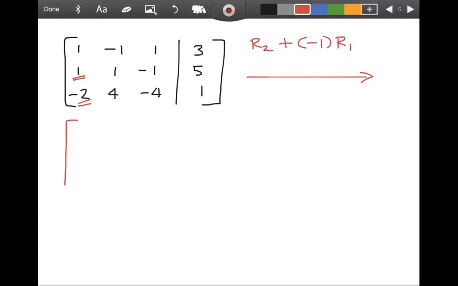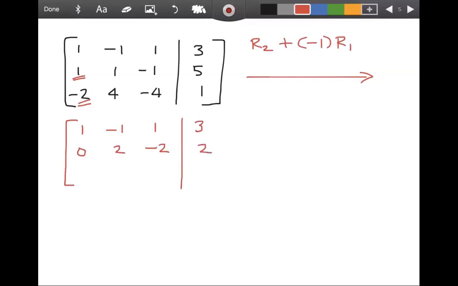Or if you prefer, just think of that as row 2 minus row 1. Keeping row 1 just the way it is. The new row 2 will be 1 minus 1 is 0. 1 minus -1 is 2. -1 minus 1 is -2. 5 minus 3 is 2.